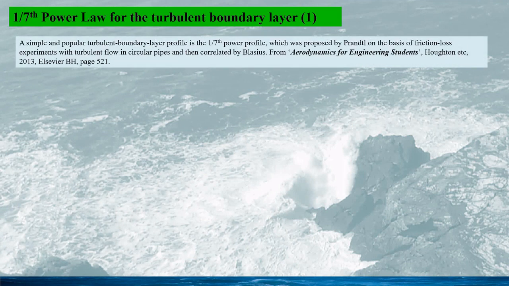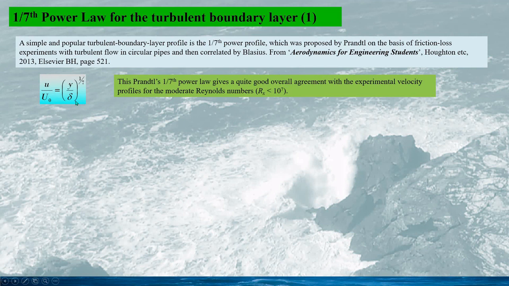A simple and very popular turbulent boundary layer profile is the 1/7 power law, which was proposed by Prandtl and correlated by Blasius using the experiment data. If you want to know more about how this 1/7 power law is derived, please read the book Aerodynamics for Engineering Students.